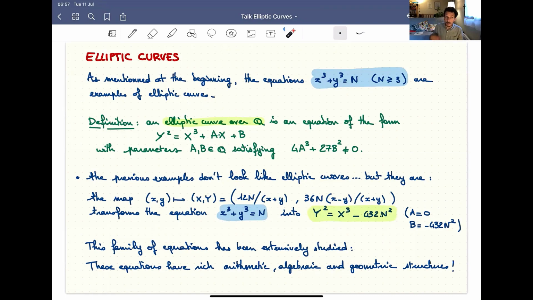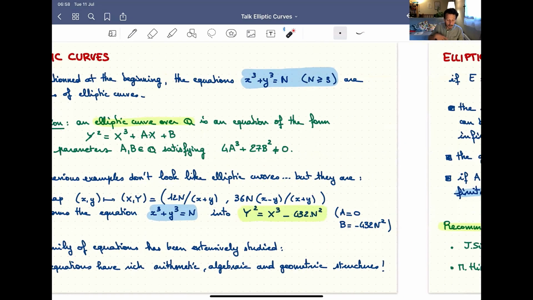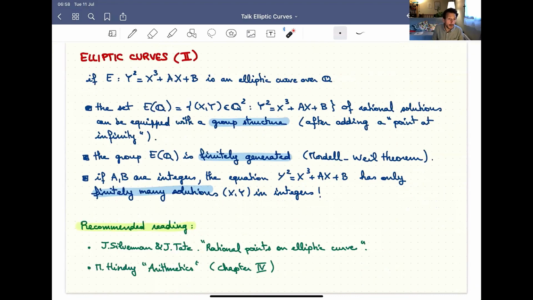It's because there's a lot you can say about their arithmetic. And some of the things I've mentioned today are still true for a more general elliptic curve. What I call this group structure, that you can add points on an elliptic curve, is still true for a general elliptic curve.